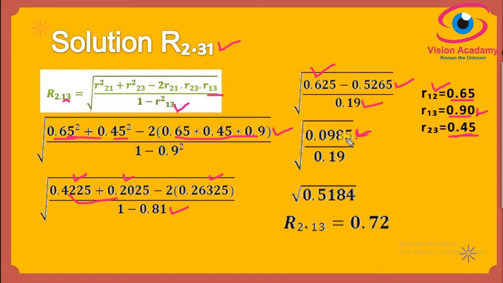So 0.0985 divided by 0.19 will be 0.5184. When we take the square root of this value, we got R2.13 as 0.72. In this way we have also finished one more coefficient of multiple correlation, 2.31.